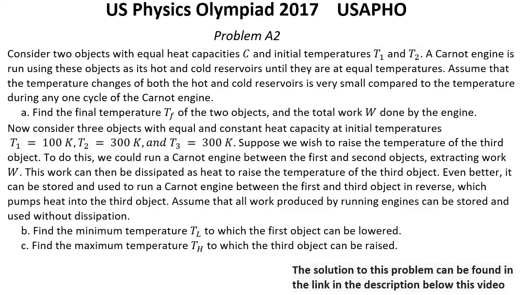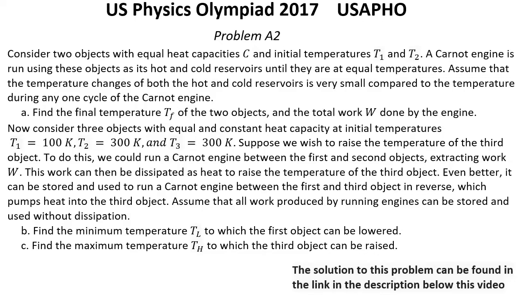Problem A2. Consider two objects with equal heat capacitance C and the initial temperatures T1 and T2. A Carnot engine is run using these objects as its hot and cold reservoirs until they are at equal temperatures.